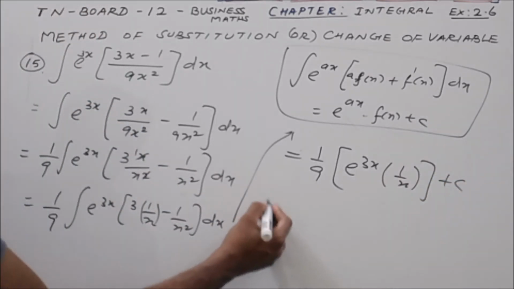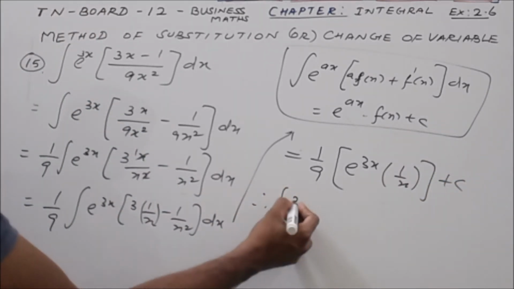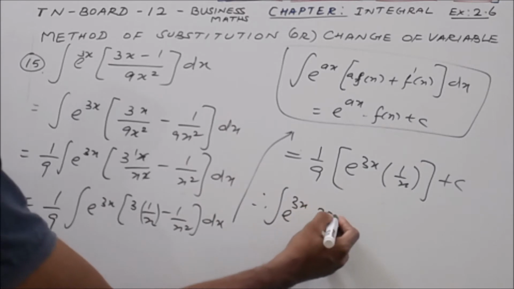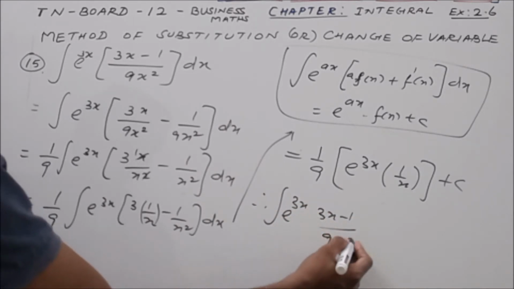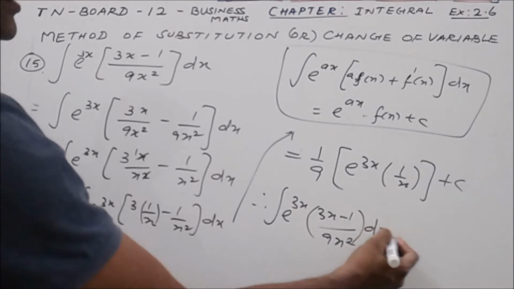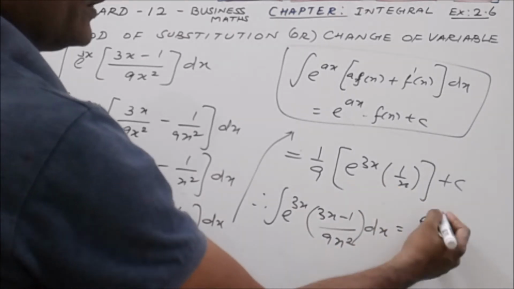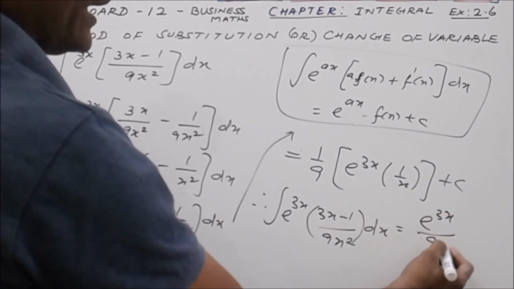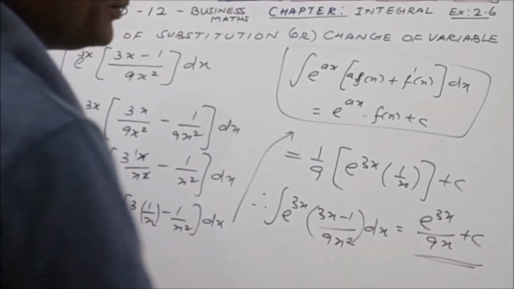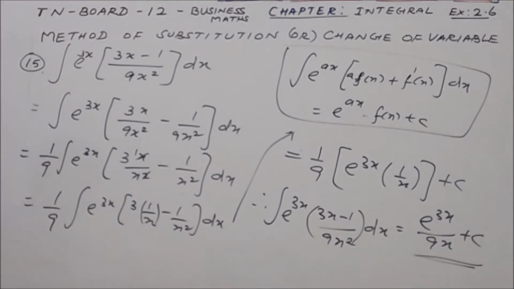Therefore the integral of e power 3x into (3x minus 1) by 9x square dx equals e power 3x by 9x plus c. E power 3x by 9x plus c is the required answer.